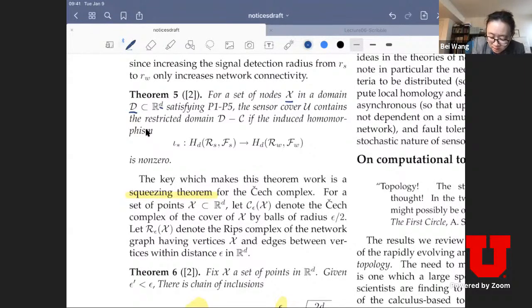And then it says the sensor cover contains the restricted domain, D minus C, if the induced homomorphism is non-zero. I'm not going to describe homomorphism in this class, but we'll go back to it in future classes. It's just a nice mapping between homology classes.